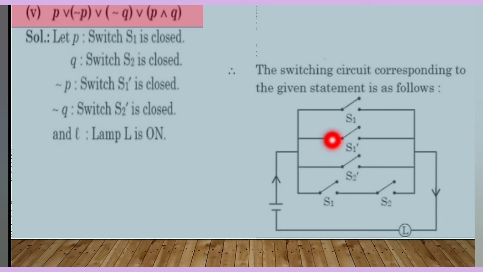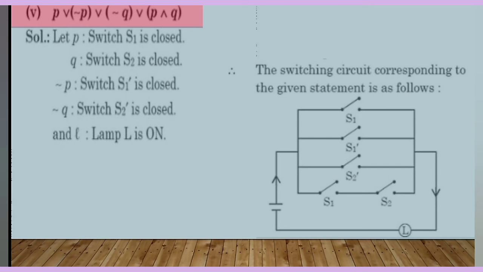Here OR means parallel, with S1 dash, because negation P means S1 dash. Again these are parallel to negation Q, meaning S2 dash. Now these are parallel to this switch P and Q, where P means S1 and Q means S2. These two are parallel to this switch. This is the symbolic form of the statement.